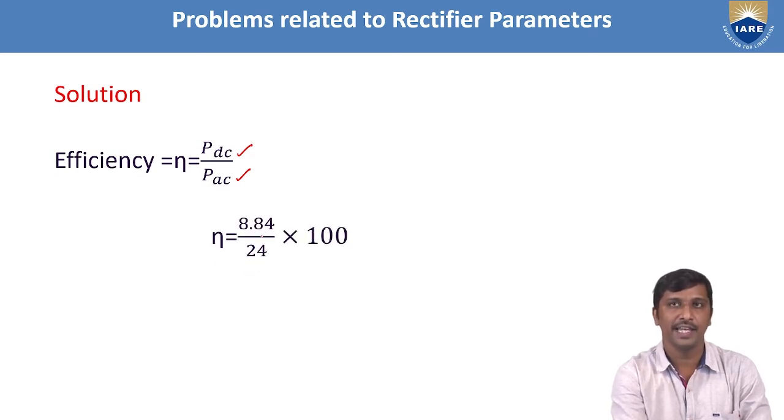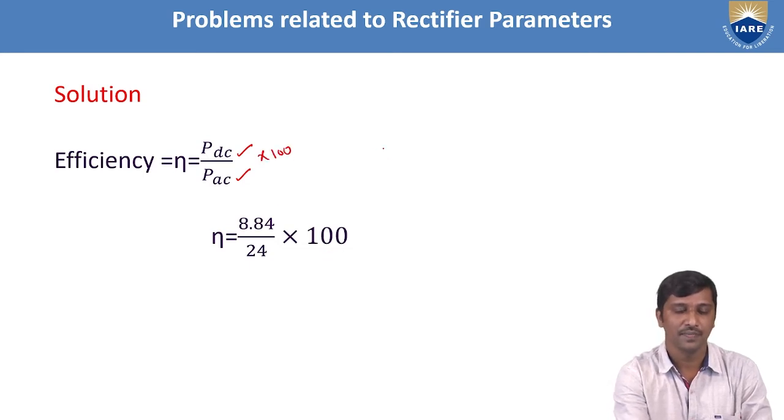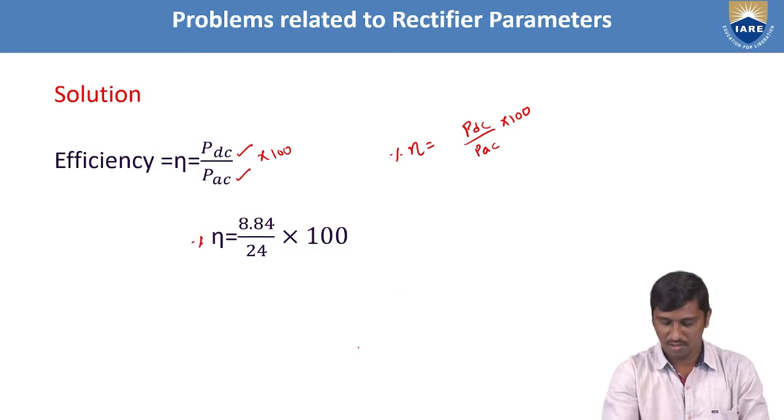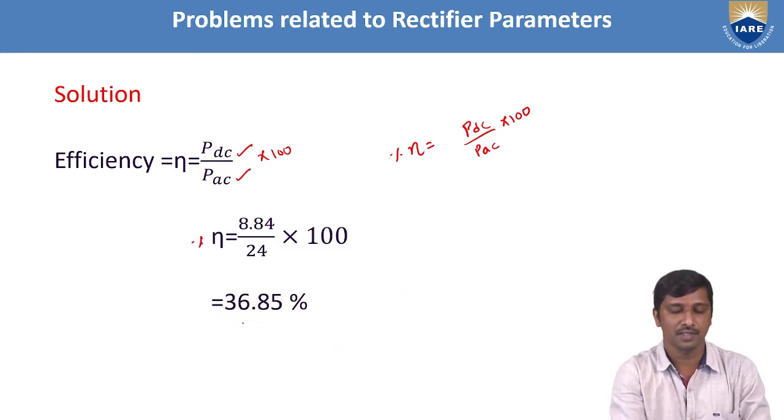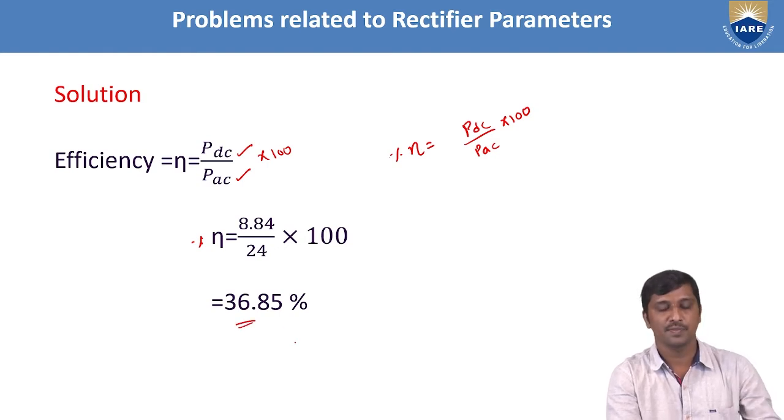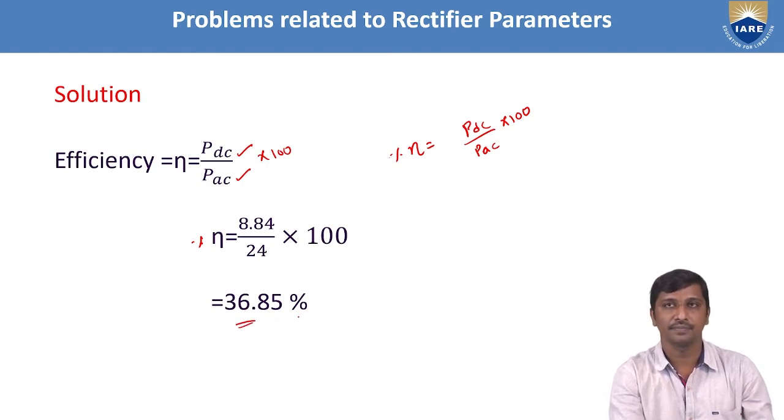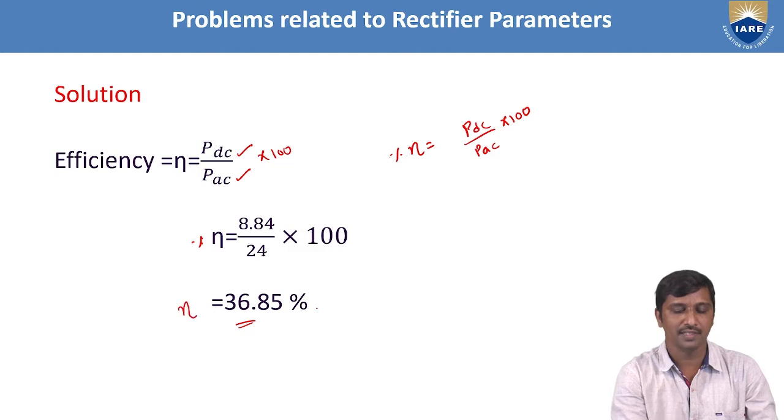The DC power is 8.84 watts and the AC power is 24 watts. If you want the percentage, it should be multiplied by 100. Solving this, it shows 36.85%. So this is your efficiency.